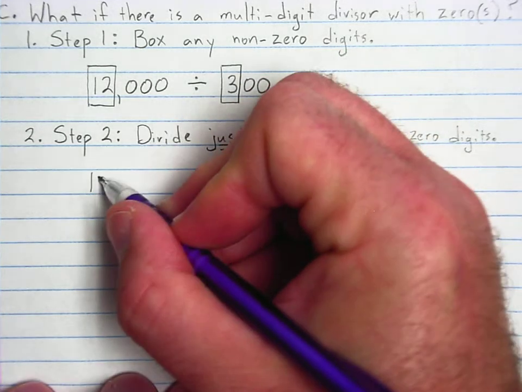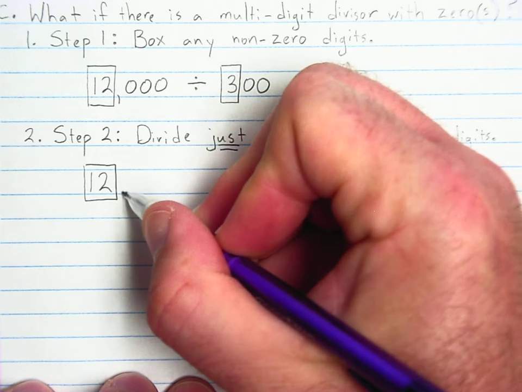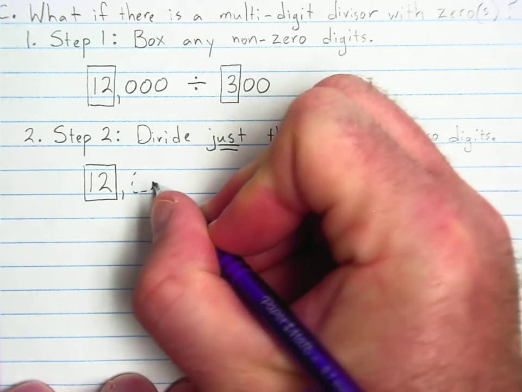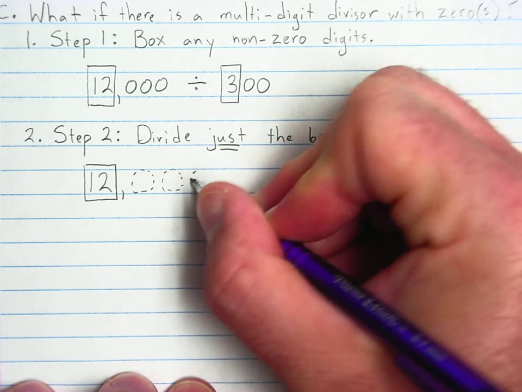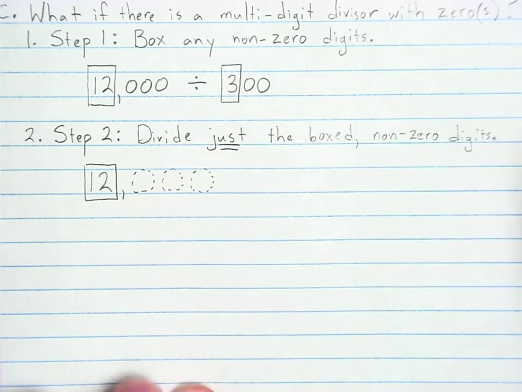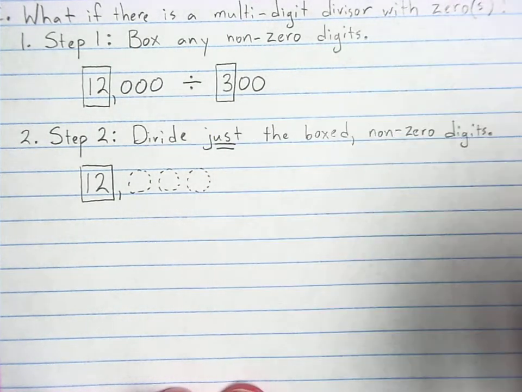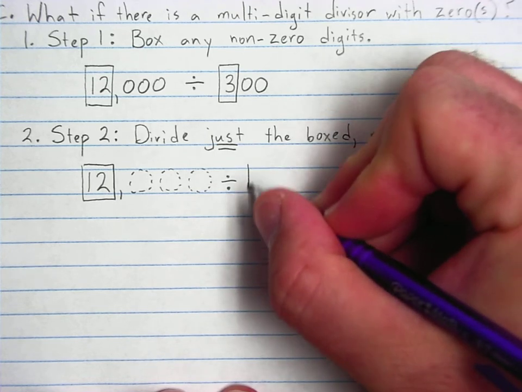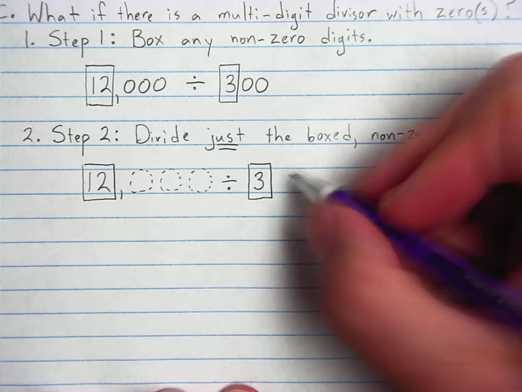So for my example, I had 12. Now, you don't have to do this every time, obviously. I'm going to put kind of invisible ghost zeros because I want to show that we're not really paying attention to them right now. Obviously, you can just leave it like that normally. But for your notes, if you would, please go ahead and put the little ghost zeros. Here's our other boxed digit. There's a 3.